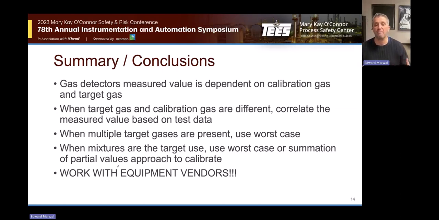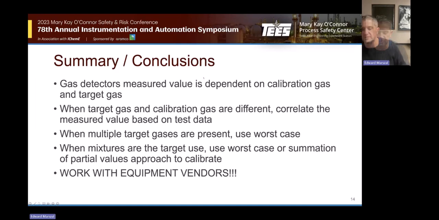When you have mixtures, use the worst case, or you can do a summation of partial values to do the calibration. The worst case is going to be more conservative. The partial values requires a little bit more work, well, actually a lot more work, and it's a lot more aggressive. And again, we'll end with my big all cap statement. Please work with your equipment vendors to understand your situation and get those different calibration values.